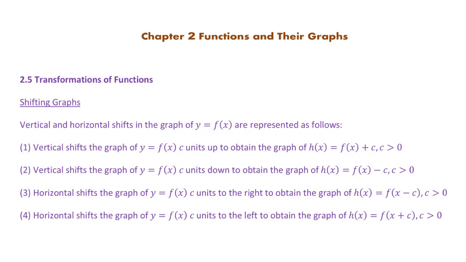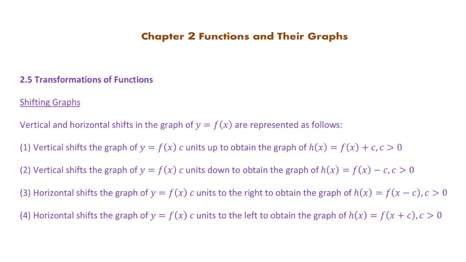Well, when you shift the graph of y equal to f(x) c units horizontally to the left, you're going to get the graph of h, which is f(x plus c). So again, c is a positive number here. Okay, so that's contrary to what you might think.